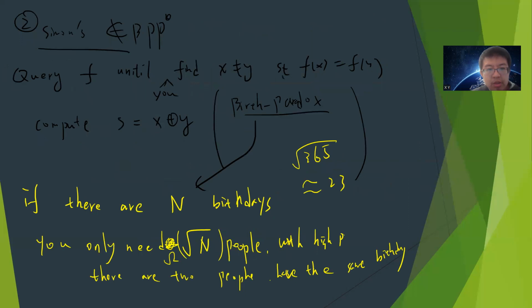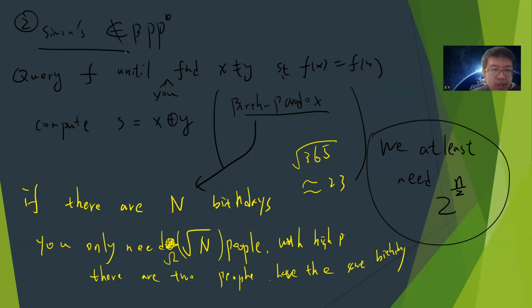So Simon's problem is not in BPP to the O, because we need at least 2 to the n divided by 2 queries. In total we have 2 to the n inputs, and taking a square root gives 2 to the power of n divided by 2. So it's not in BPP to the O.